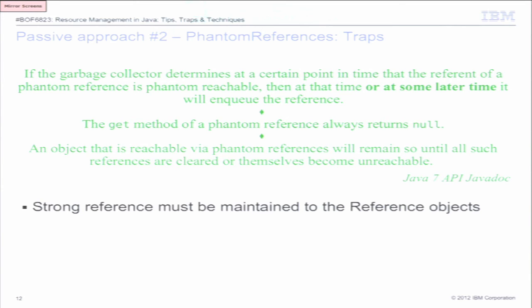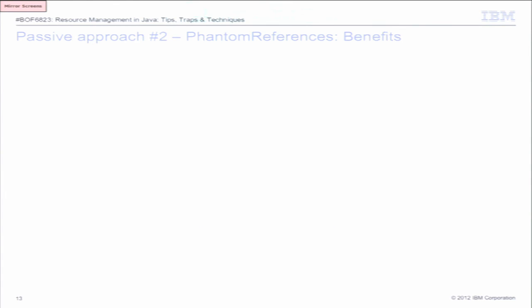So you have to keep a reference to that strongly, and obviously once you've seen it come out of the reference queue and it's stale, and you've done the processing to do whatever cleanup it is, then you need to free off this strong reference, because otherwise you'll have a memory leak of an ever-increasing number of phantom reference objects around.